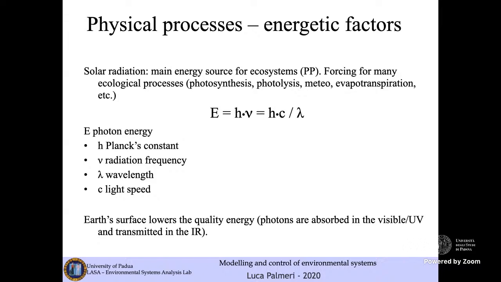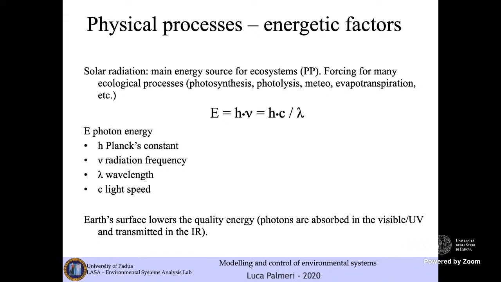Okay, now let's go to some more details concerning energetic factors that are relevant for the description of physical processes. In particular, as we have seen, it is the energy coming from the sun that fires all the biological processes in the biosphere, so we shall start to analyze the effect of solar radiation as the main energy source for ecosystems' primary production.